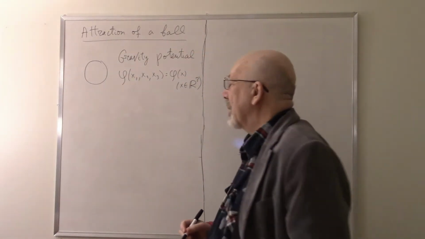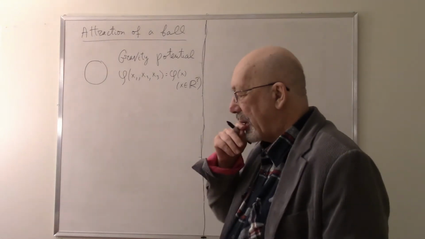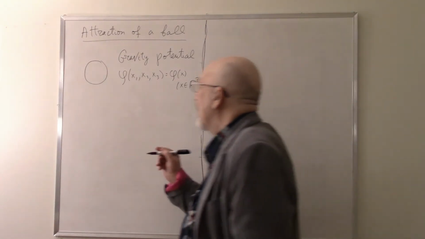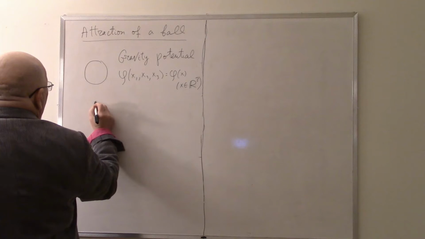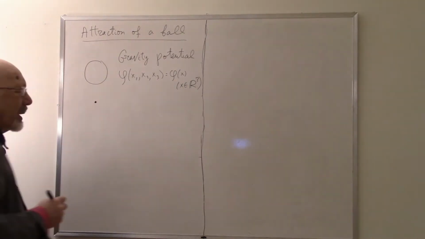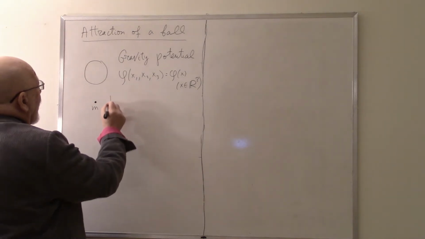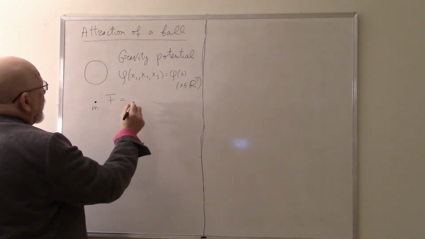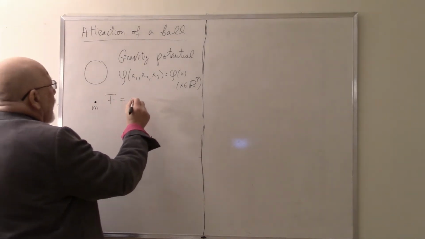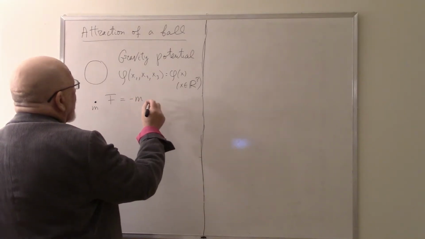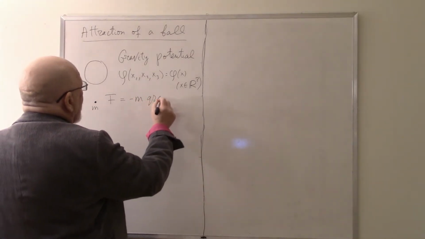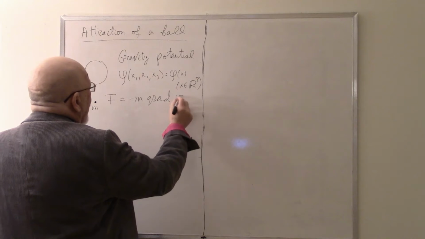And the force which acts on a small piece of matter with mass m is F equals minus m times gradient phi.